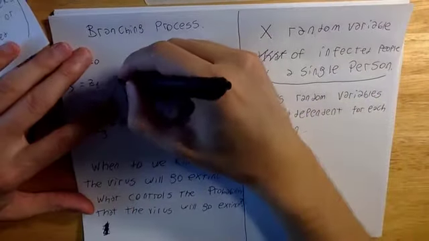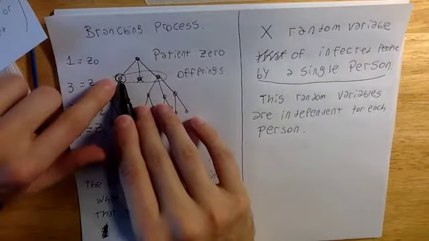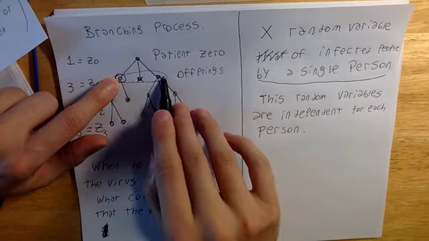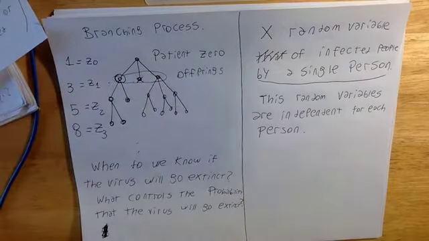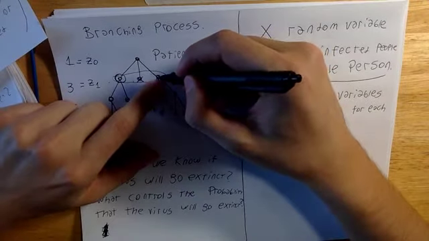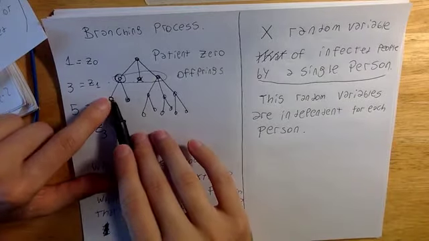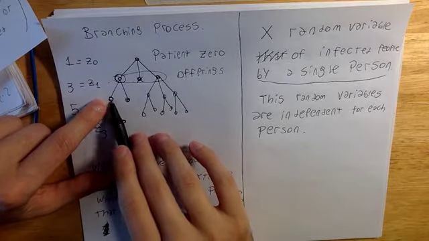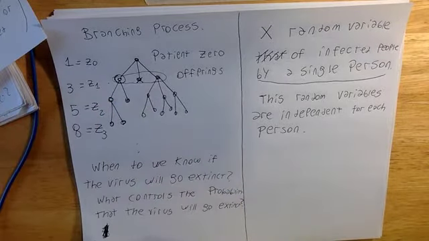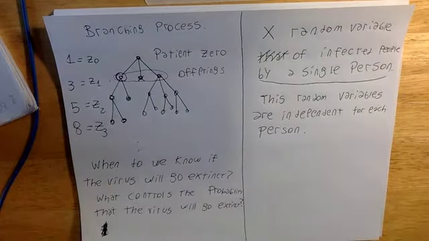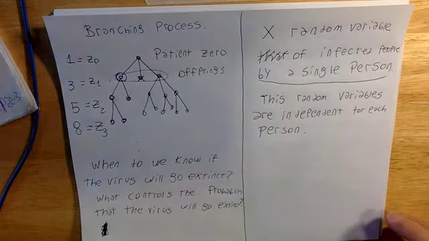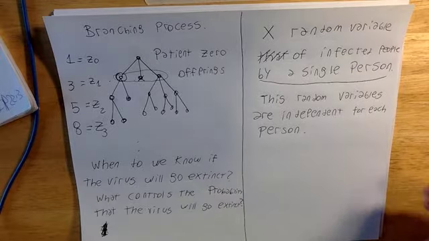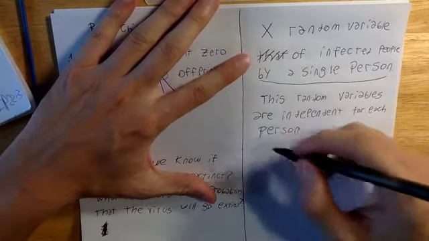How many people this guy infects is independent of how many people this person infects, and so on. Their offspring will also have certain probabilities of infecting a quantity of people, and they are independent from each other. So let's say that we have a couple of trivial examples.